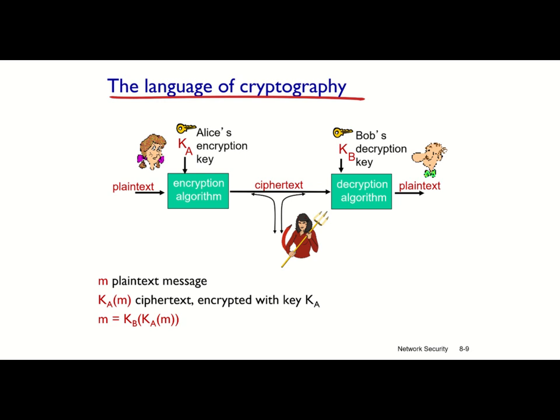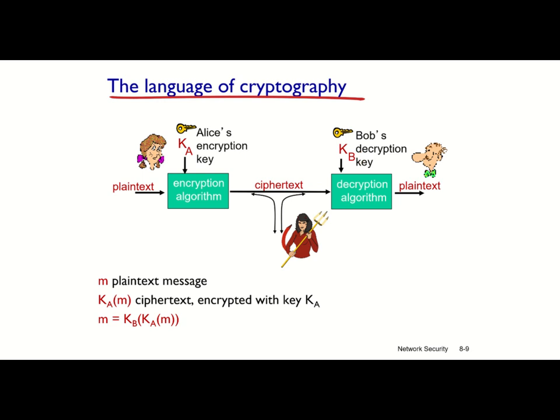The process of encrypting the message is called encryption, in which plain text will be converted into ciphertext, and the process of converting the ciphertext into the plain text on the receiving side is called the decryption algorithm. They use a key in the encryption algorithm, which we call K sub A, and another key for the decryption algorithm, which we call K sub B.